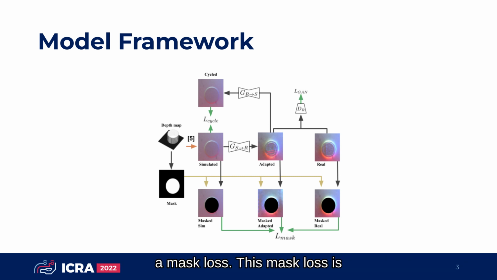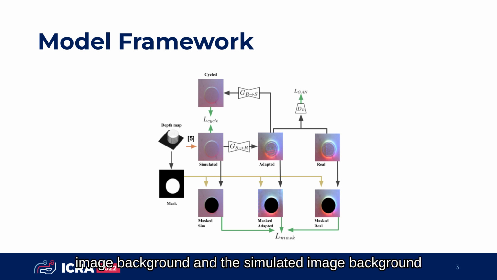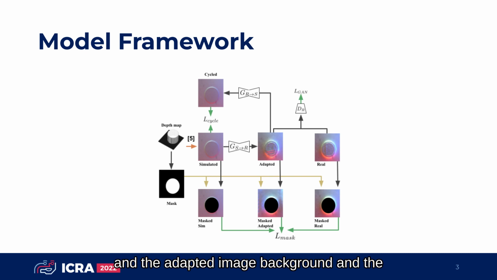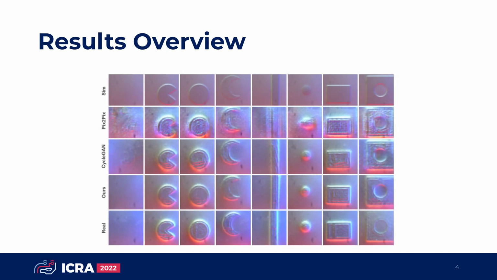This mask loss is developed by using the depth map to create a binary mask, which we use to cover the in-contact region, thus allowing us to perform a loss between the adapted image background and the simulated image background, and the adapted image background and the real image background, thus giving rise to our mask loss.